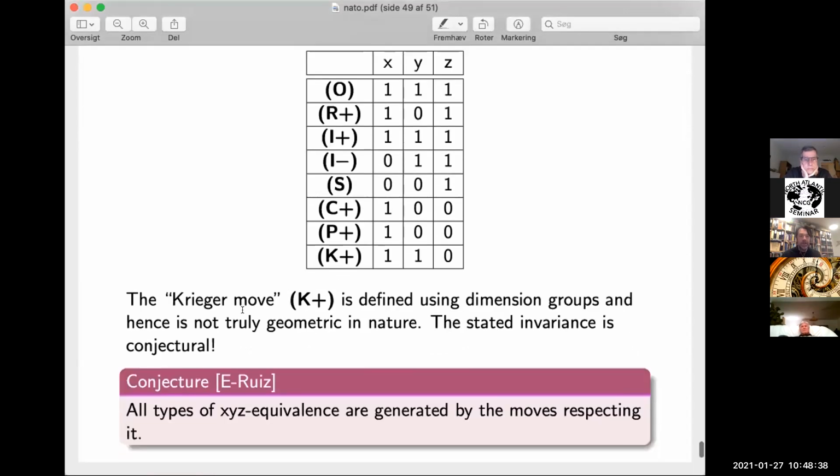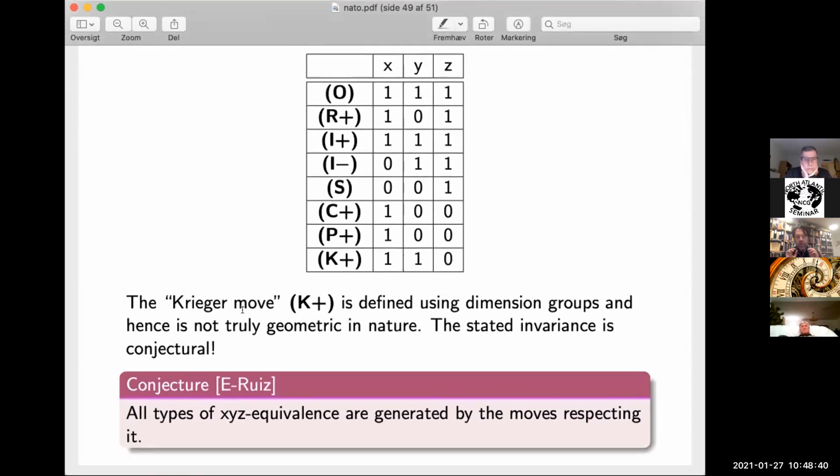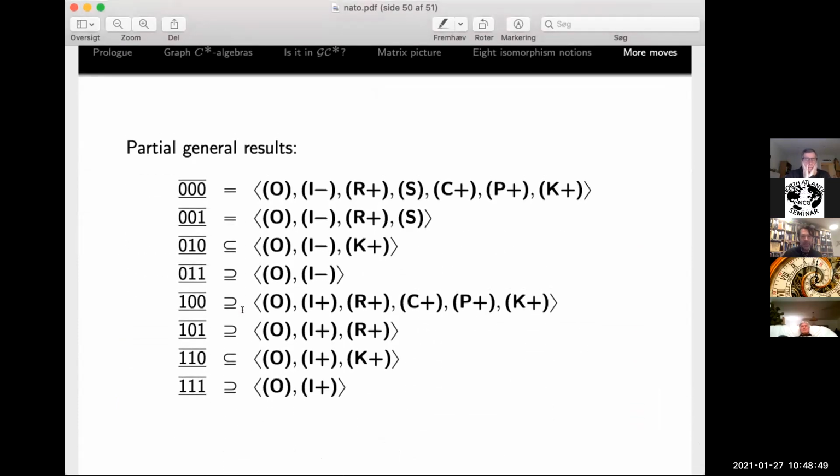And then we have this conjecture that all these 8 types of equivalence are generated by the moves that respect them. What I mean by that, and this is the slide I want to show you, is that we can talk about 0, 0, 0 equivalence. This we actually know is generated by the moves.